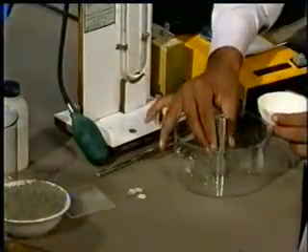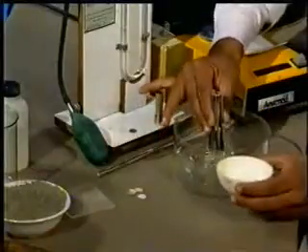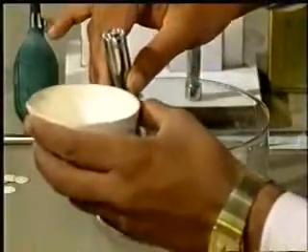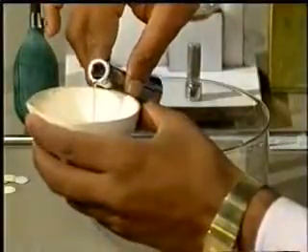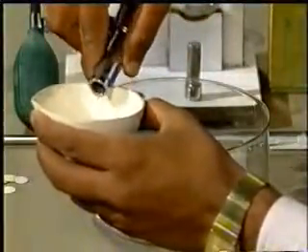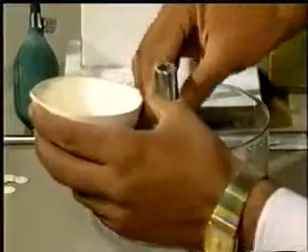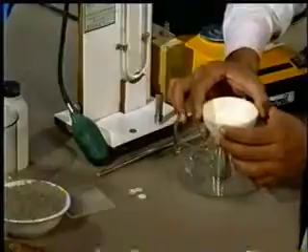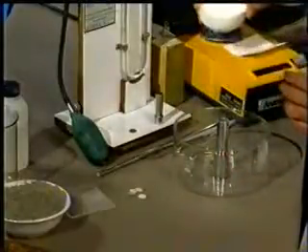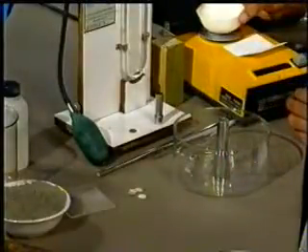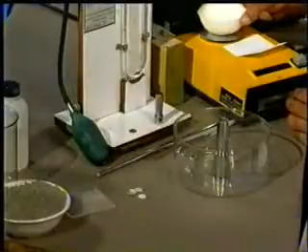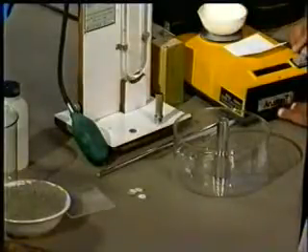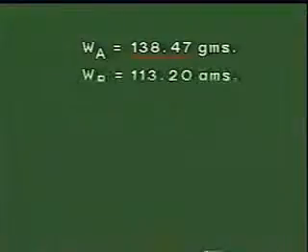Now remove the mercury from the cell and again record the weight of mercury and dish as WB, which is 113.20 grams for the present case.